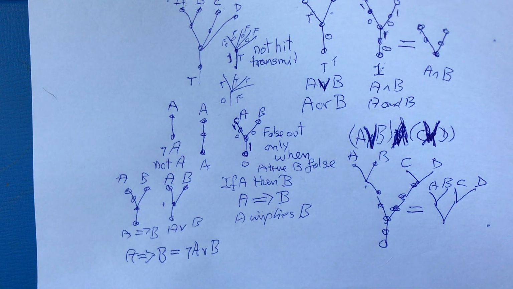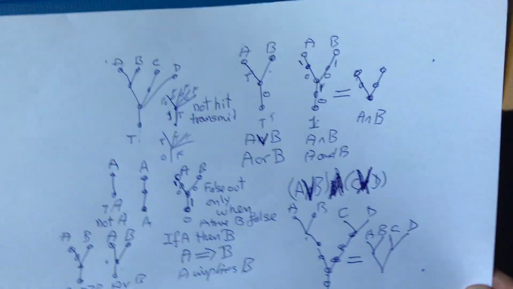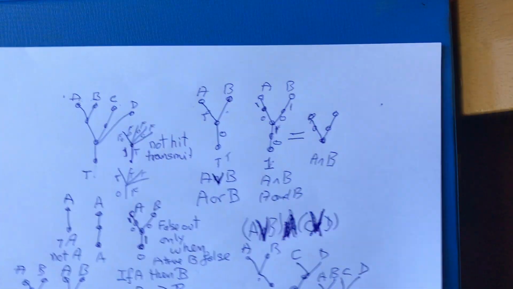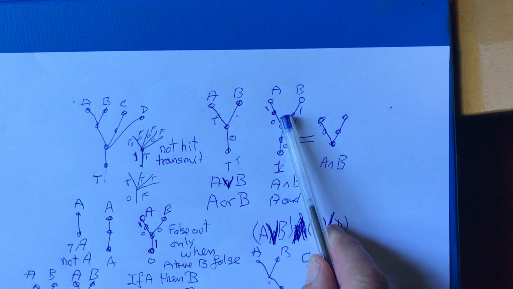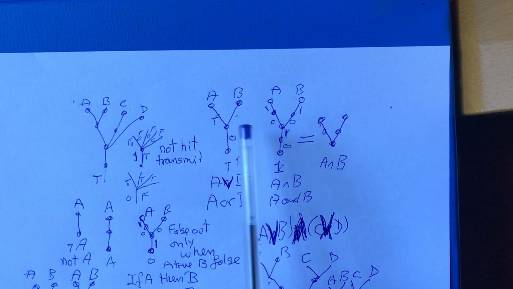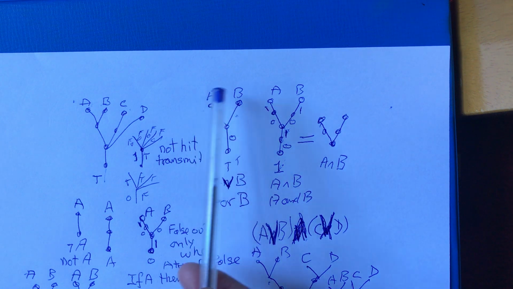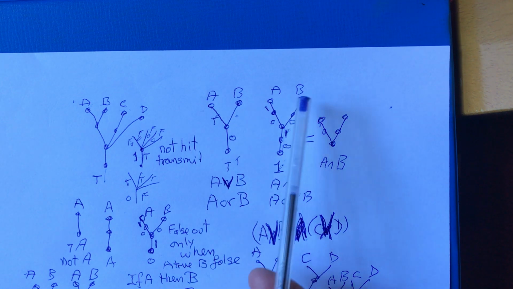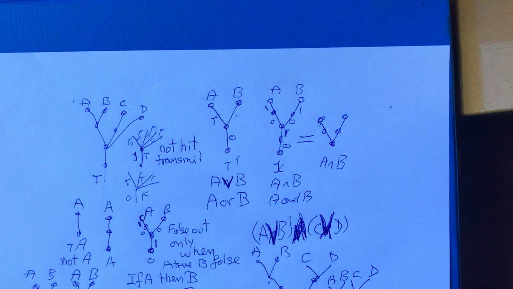So what else can we do? Well, if we compare A or B with A and B, we could see that we could make this tree into that one if I replaced A, B with not A, not B to get those dots there, and then put a not on the bottom.